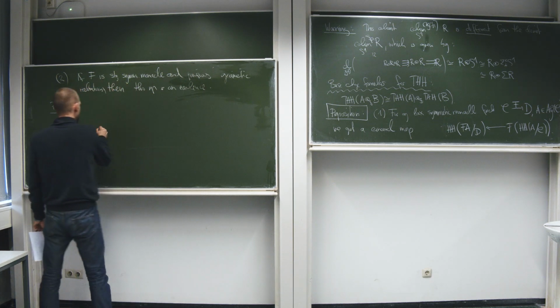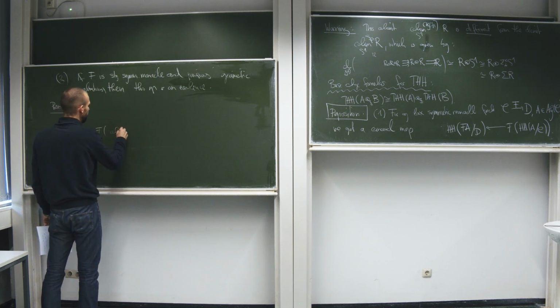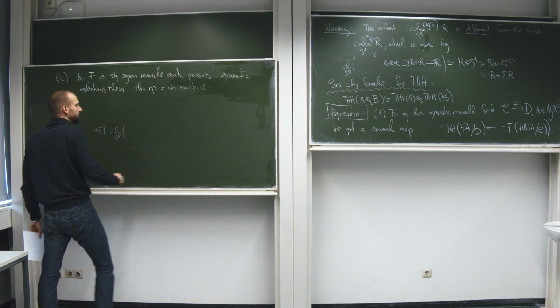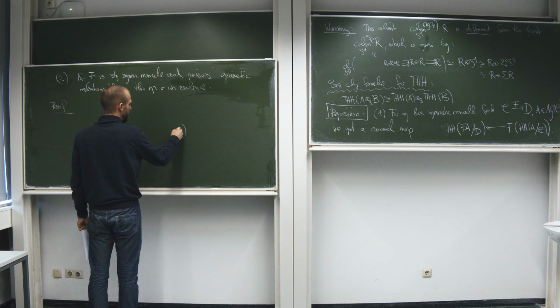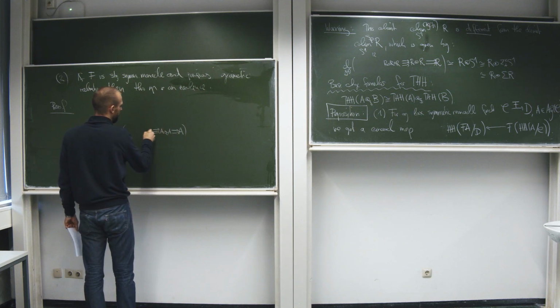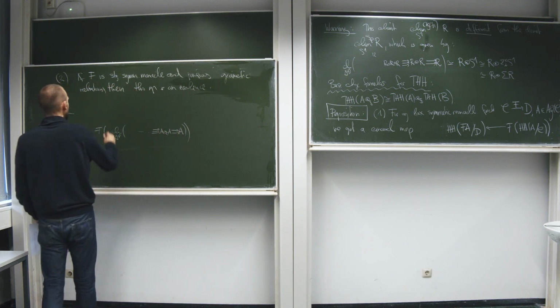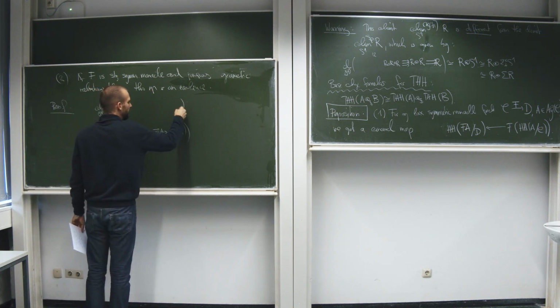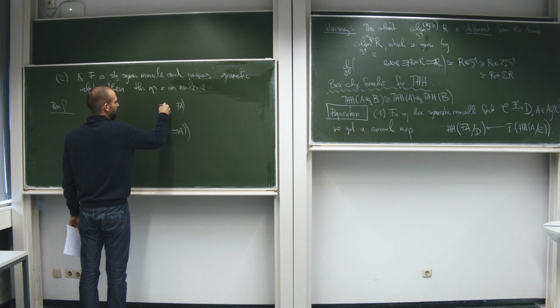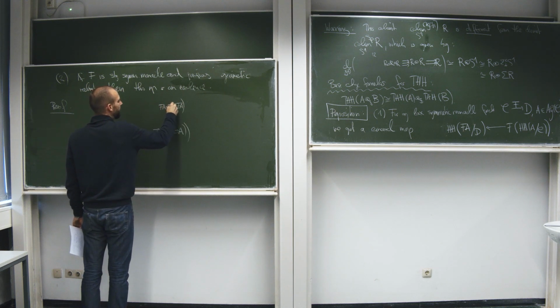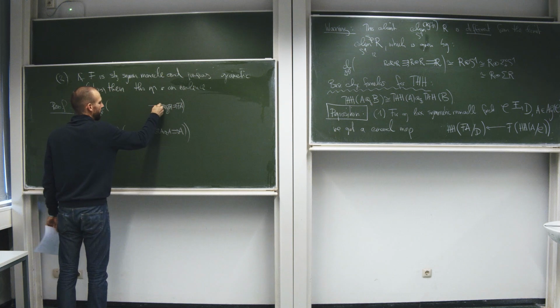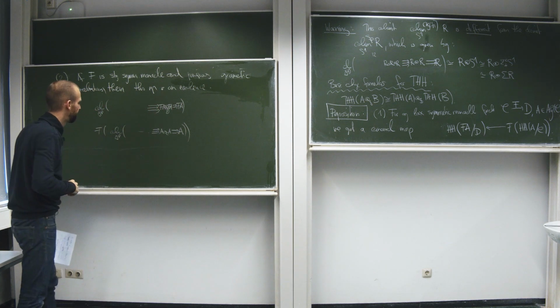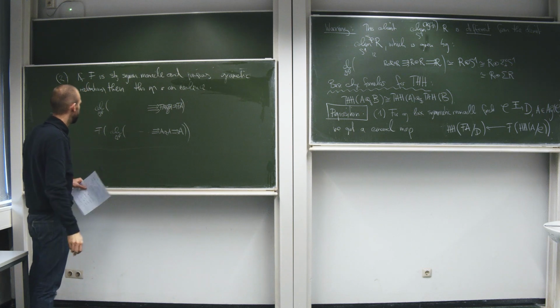What we have to compare is F of the colimit of the cyclic bar construction in C, which would look like a tensor product in C and so on. And we would have to compare this to the colimit over Delta op of the cyclic bar construction of FA, tensor over in D, FA, and then I have three copies of FA and so on. So we would have to compare these two.